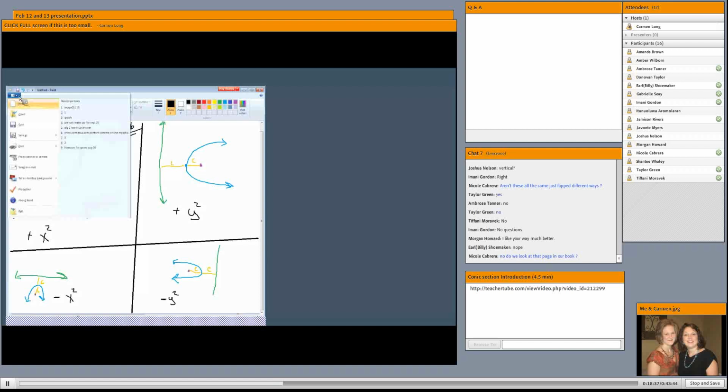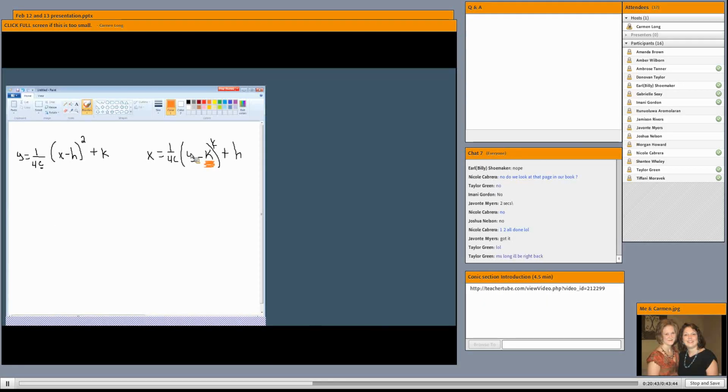All right, now, this should feel very comfortable. Inside the parentheses, now see the y is what is squared. That should be squared. Oh my goodness gracious.